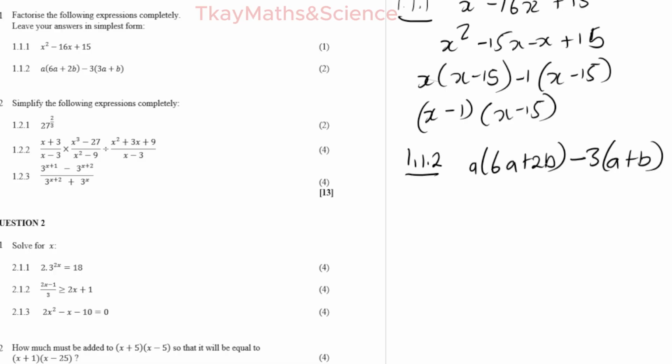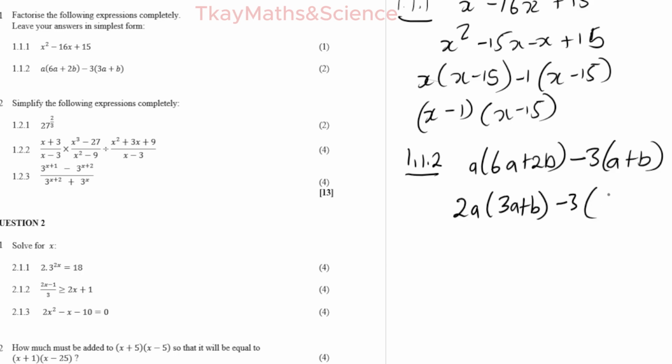So we continue factoring like this one. We can factor out 2 here. So if we factor out 2, it's going to be 2a. Factor out 2 here is going to be 3a plus b, right? So here it's already factored out in its simplest form.